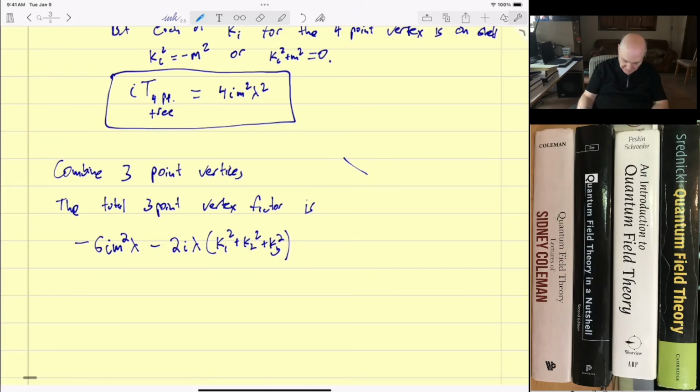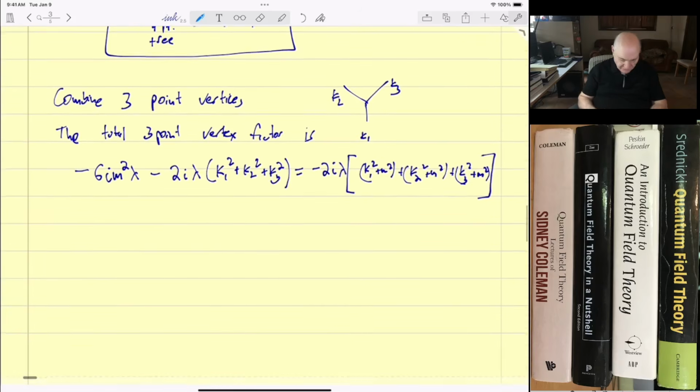So here we have k1, k2, k3. Now this is very easy to work with, because I'm just going to write this as minus 2i lambda times k1 squared plus m squared plus k2 squared plus m squared plus k3 squared plus m squared.